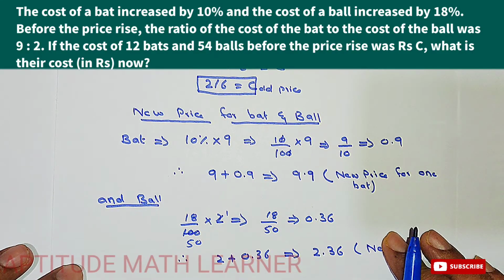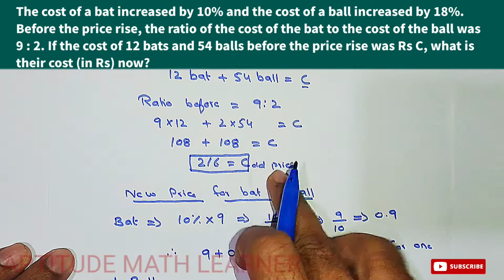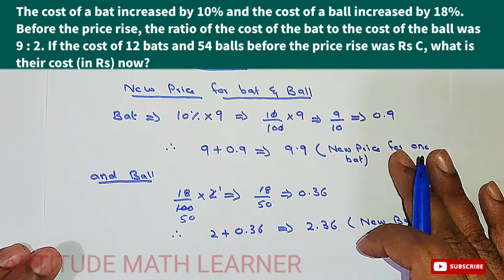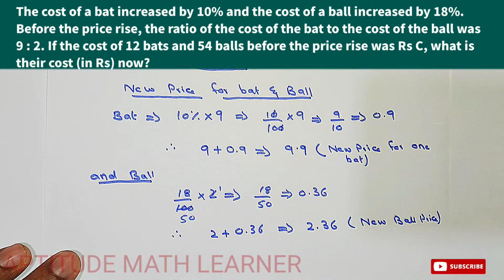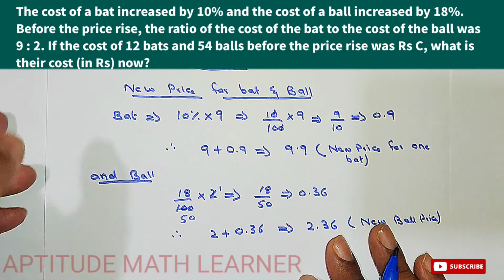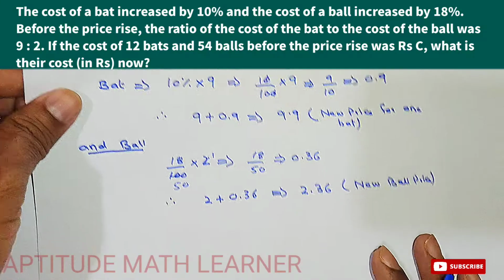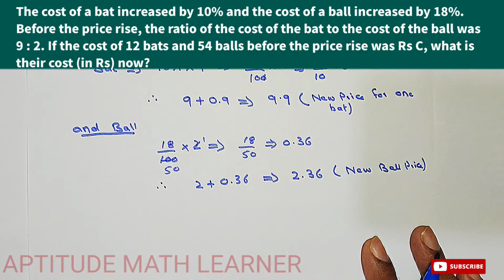Now we have got the old price. Now the new price for 12 bats and 54 balls, and how much does that become? We just find it out.